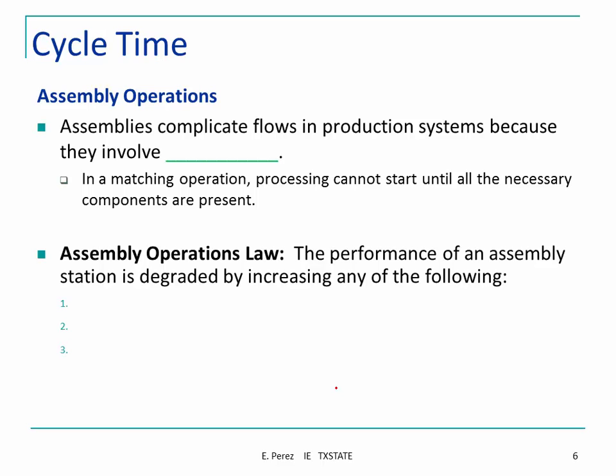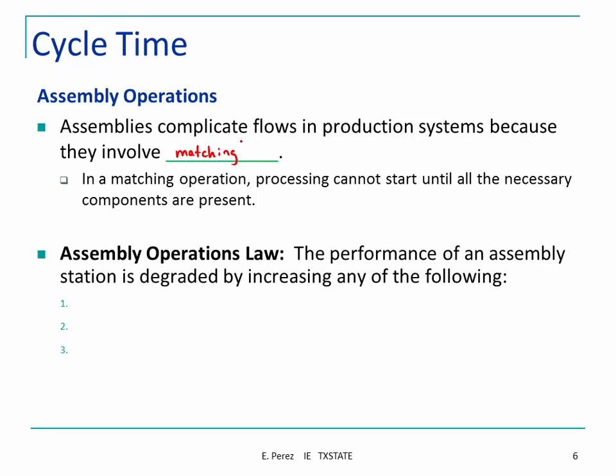In terms of assembly operations, assemblies complicate flows in production systems because they involve matching. And this is what I was referring to a minute ago. In a matching operation, processing cannot start until all the necessary components are present.